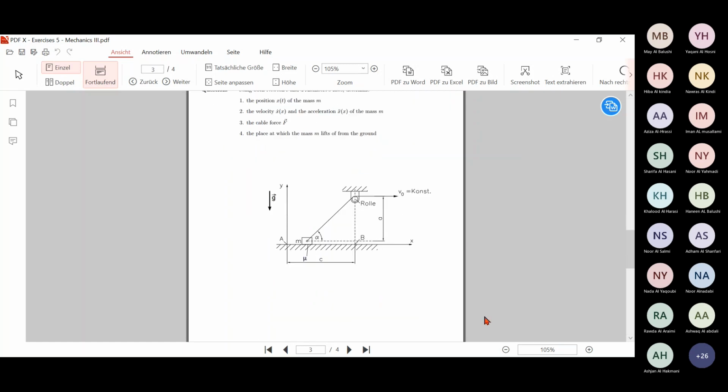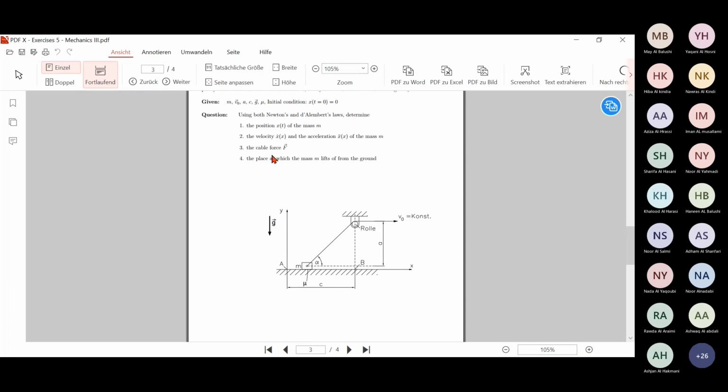Now coming to the solution. For the position x(t) of the mass m, we do it geometrically.